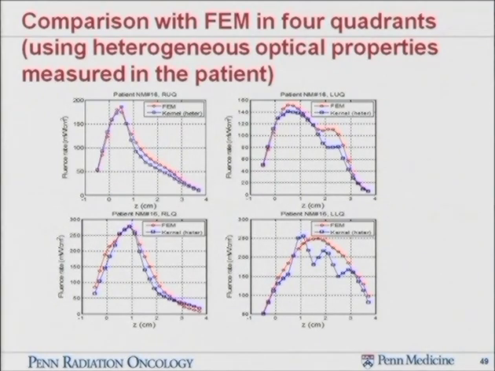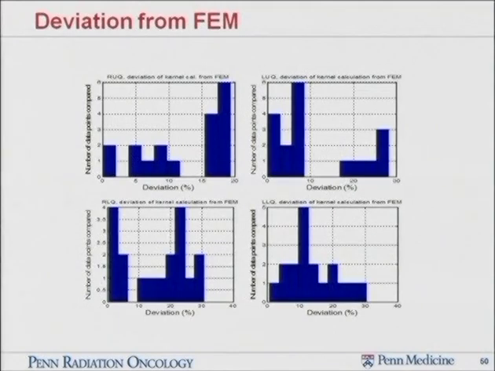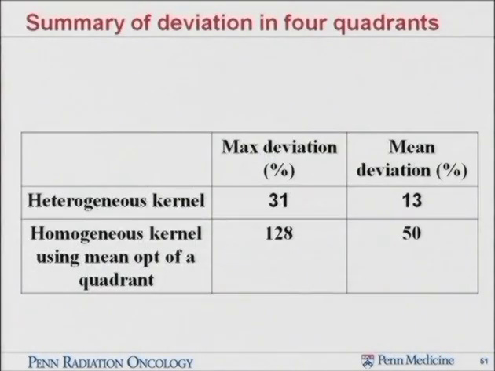We can say it's a reasonable agreement: 30% maximum deviation, and the mean deviation is 13%. So we can get 13% agreement between our calculation and the measurement.